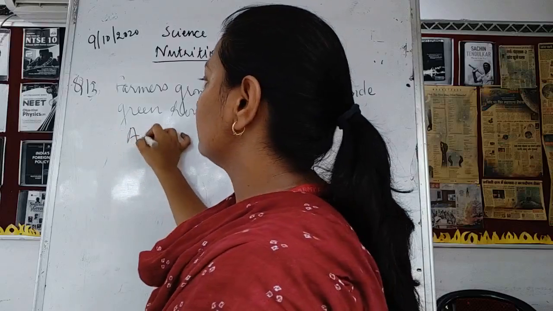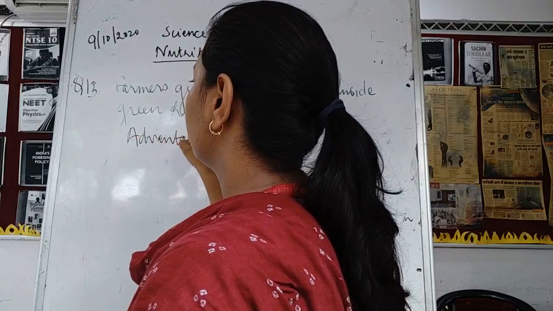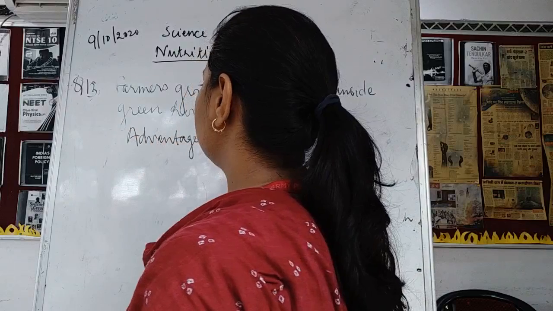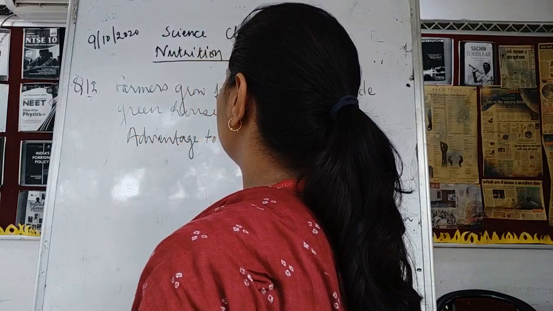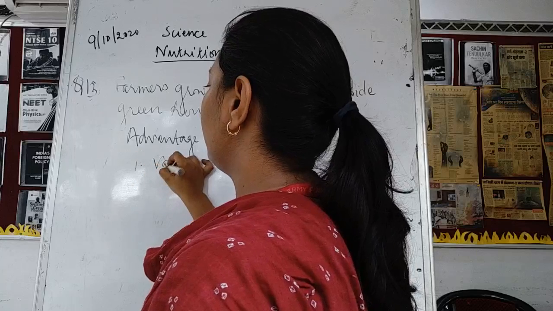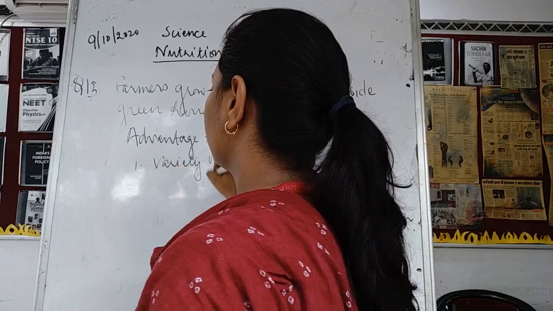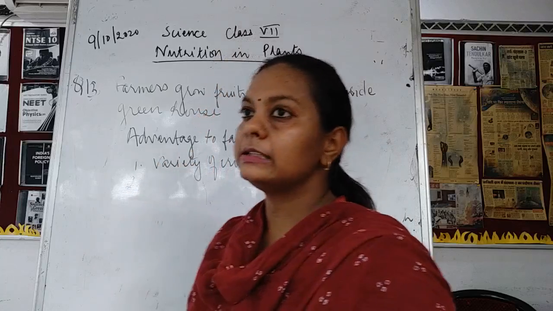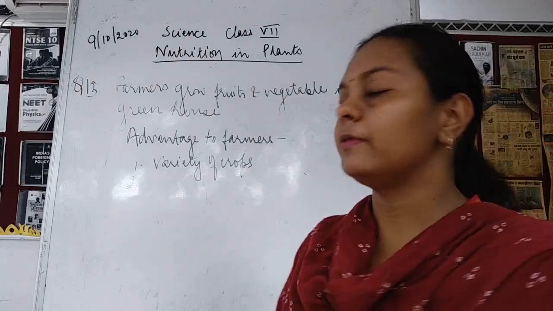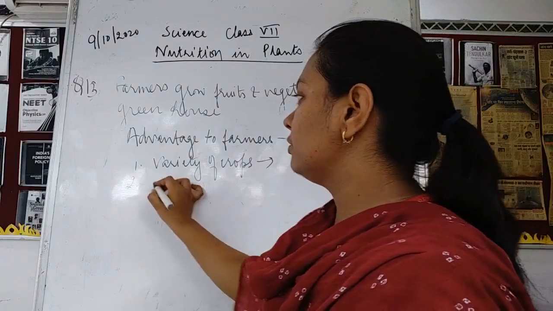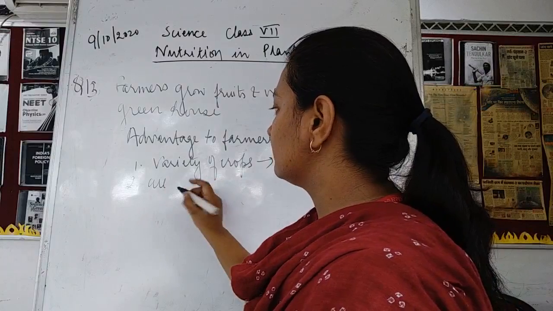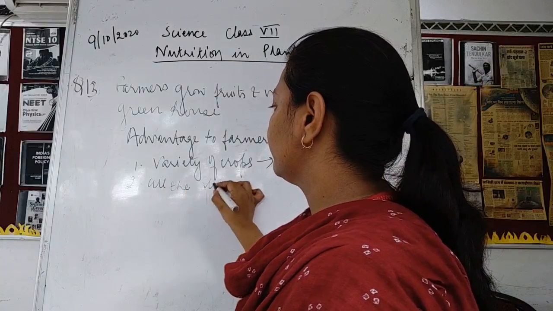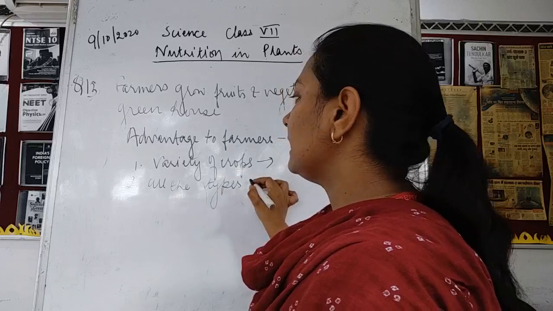The advantage to the farmer is that it could grow a variety of crops. It could grow many types of crops at one place. That is a variety. It could grow all the crops in all the seasons, any type of crops.